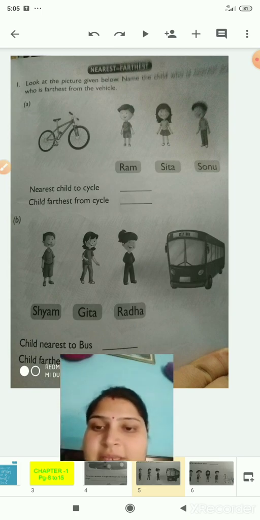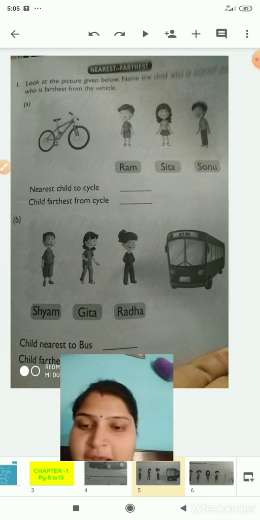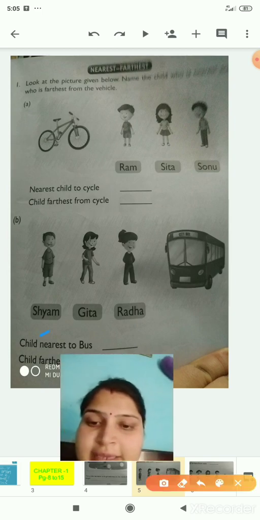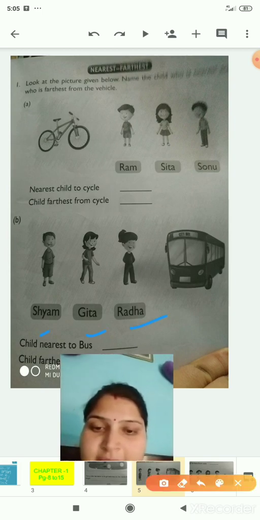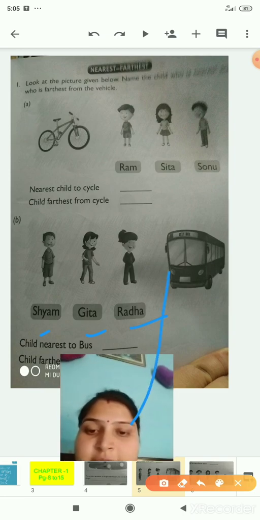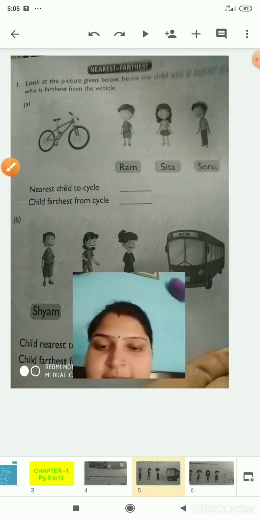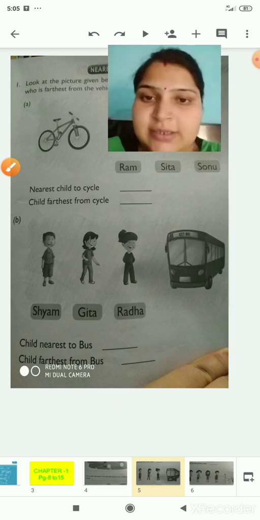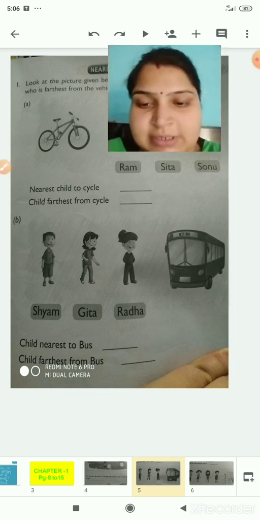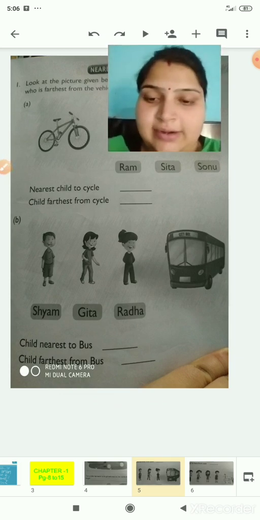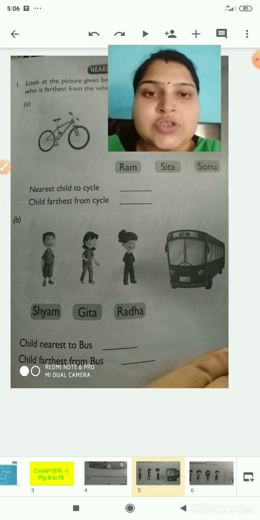Okay, now in the next picture there are 3 children: Shyam, Geeta and Radha. Here we have to tell which child is standing nearest to the bus and which child is standing farthest from the bus.